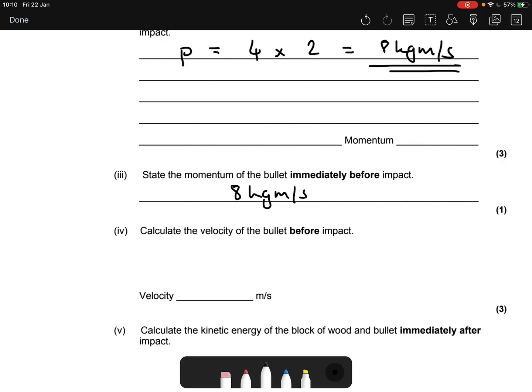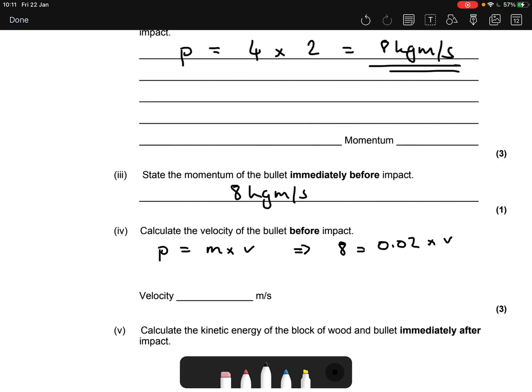Right, okay, so I've got momentum equals mass times velocity. So that gives us 8 equals mass. So 20 over 1,000, because I've got to convert it into kilograms, is 0.02.